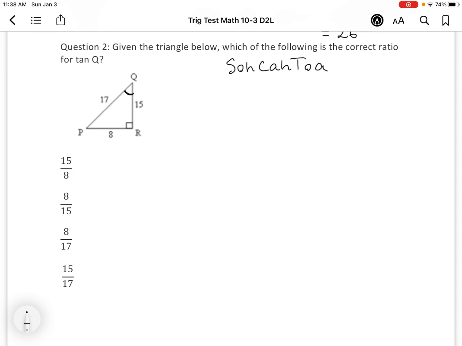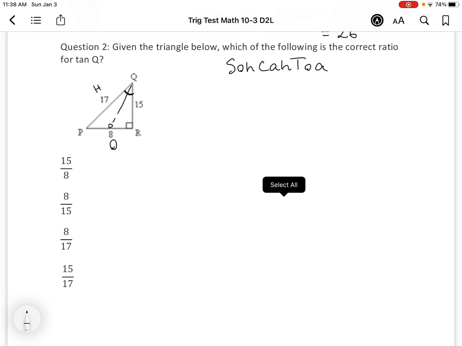SOHCAHTOA. Tan is opposite over adjacent. If I'm labeling all my sides, my hypotenuse is the one across from my right angle, so that's this one over here. The opposite is the one across from the angle in question, in this case Q, so that's this one here.